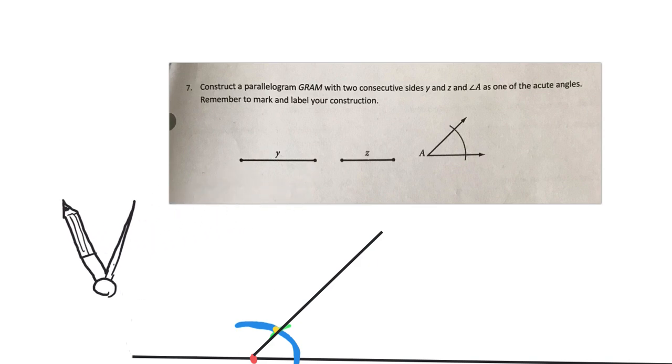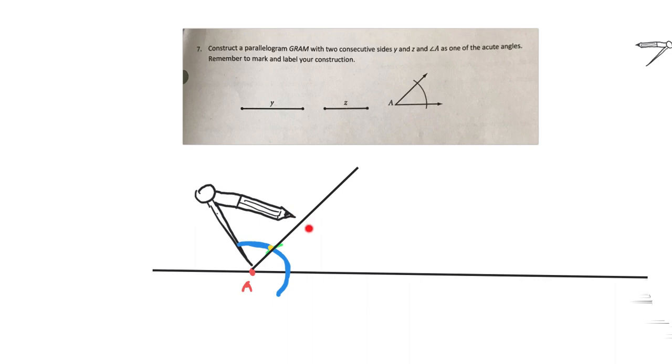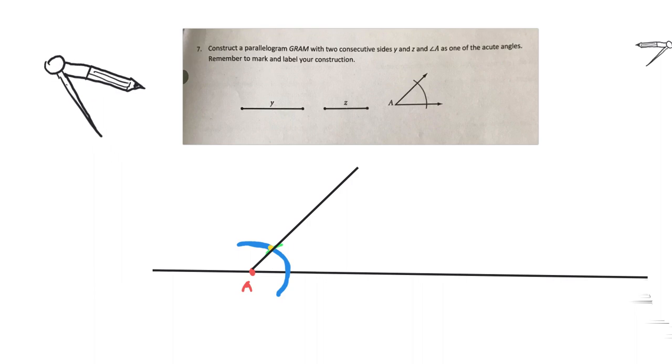Then you would bring the compass with that distance here, put the sharp point on A, and draw an arc right there. Let's say that ended up being right around here. That gives us our new point of intersection. And I think my student understands that right here is Y. So that's good to know, right?